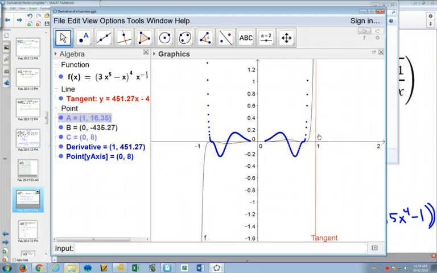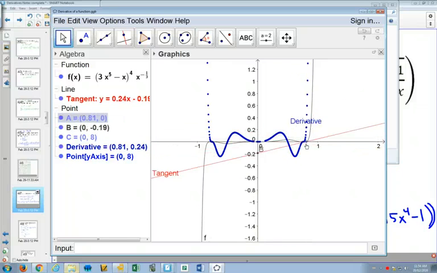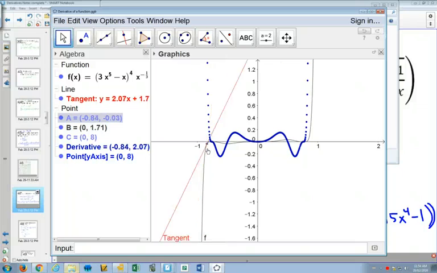And, ooh, that is what our derivative function looks like. Draw that all in there. There we go. That looks kind of pretty. You know what that is? It's werewolf fangs. This is the werewolf fang function.